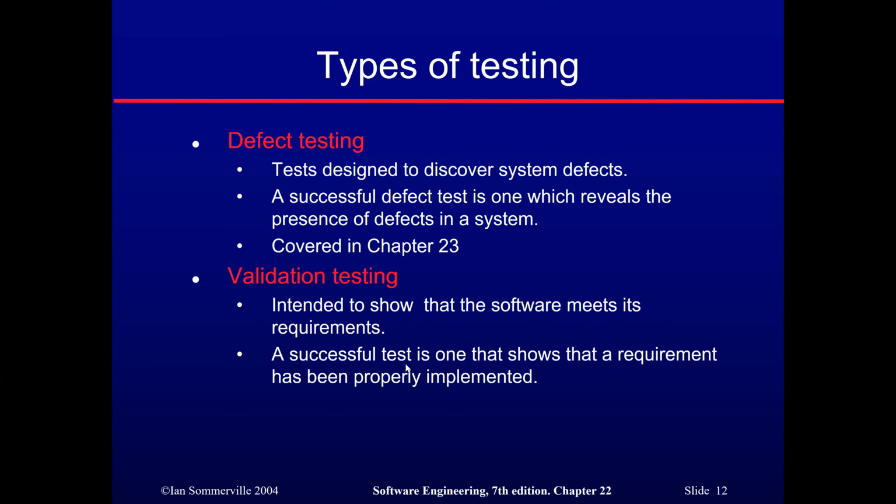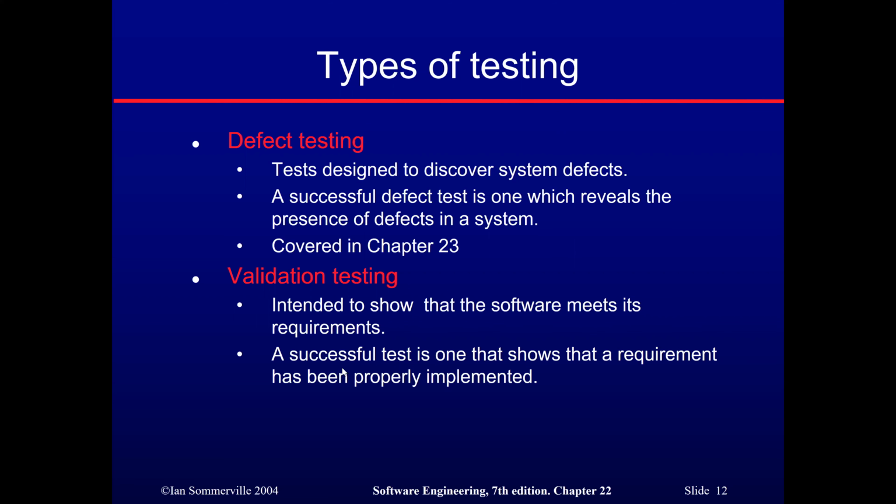Here, a successful test is one that shows that the requirement has been properly implemented. Validation testing, as opposed to defect testing, is not there to show system defects.